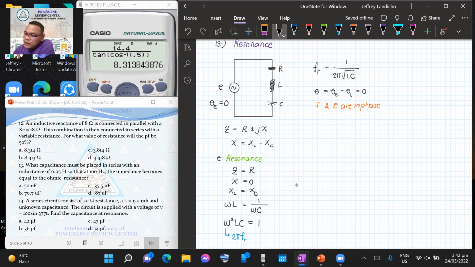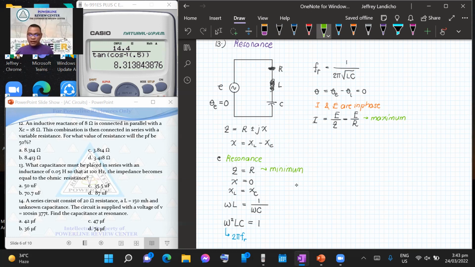Kaya kapag kinuha natin si current, that is only the source voltage, i-divide natin kay impedance. Sino ba si impedance at resonance? E over R. Kaya pagdating sa series resonance, yung ating current, ang term nila dyan is maximum. That is the maximum current. At yung ating impedance during series resonance, it is now minimum. Okay? So that is the idea under series resonance.